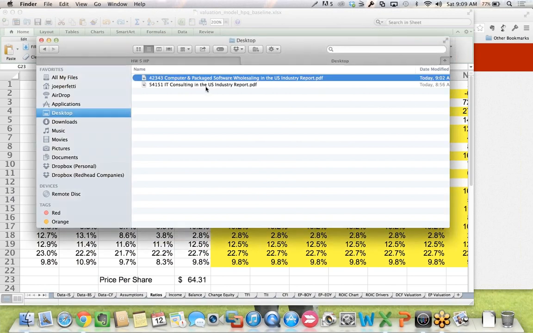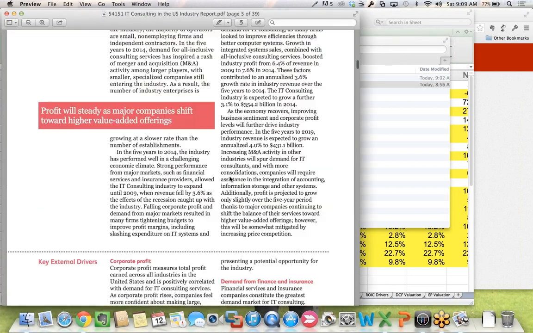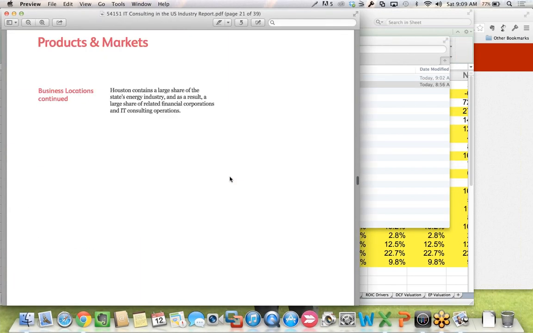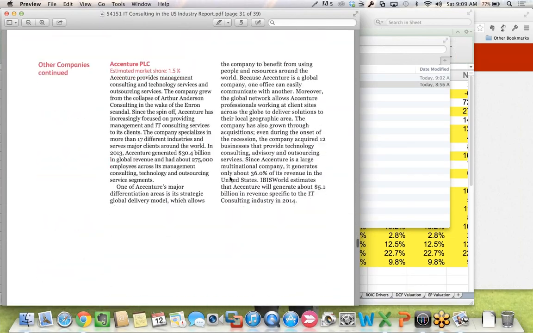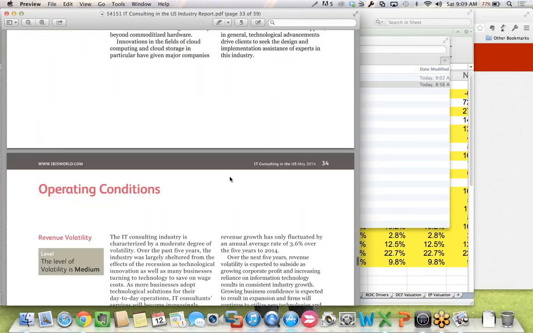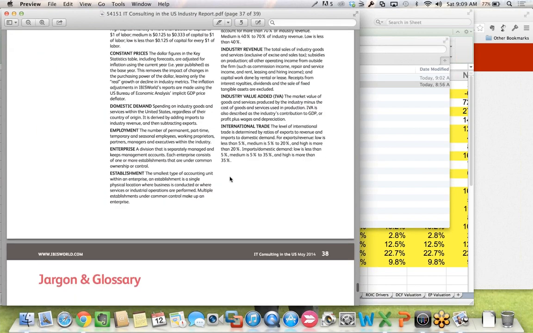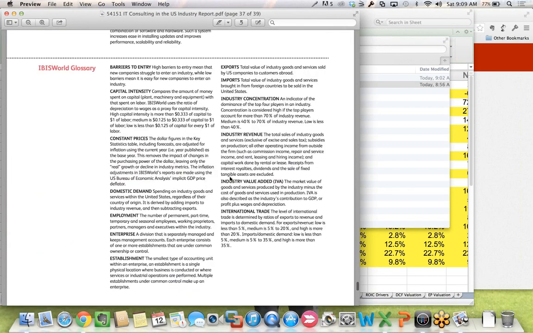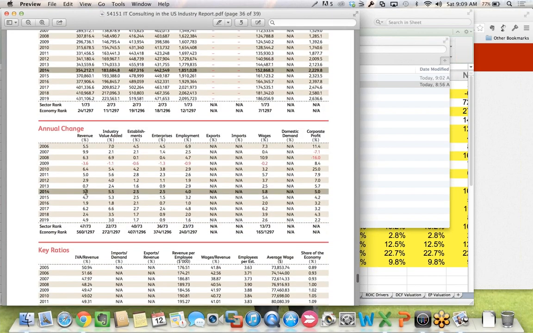And for IT consulting, which is probably the majority of HP's business these days, it is expected again to be low to mid single digits, so a little bit more cyclical than the computer hardware business.